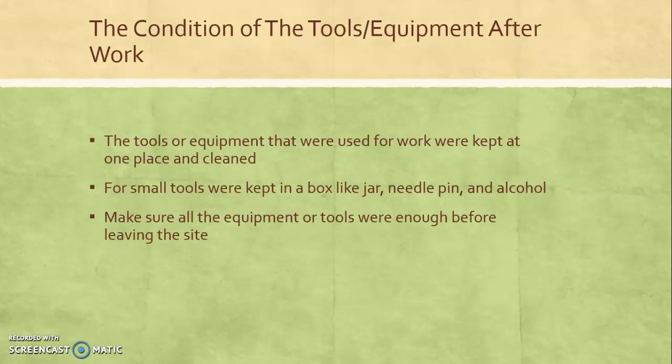Next is the condition of the tools or equipment after work. The tools or equipment that were used for work were kept in one place and clean. Usually the equipment or tools after use will be kept at the center of the campsite, because it's easier for people to know or count any equipment.